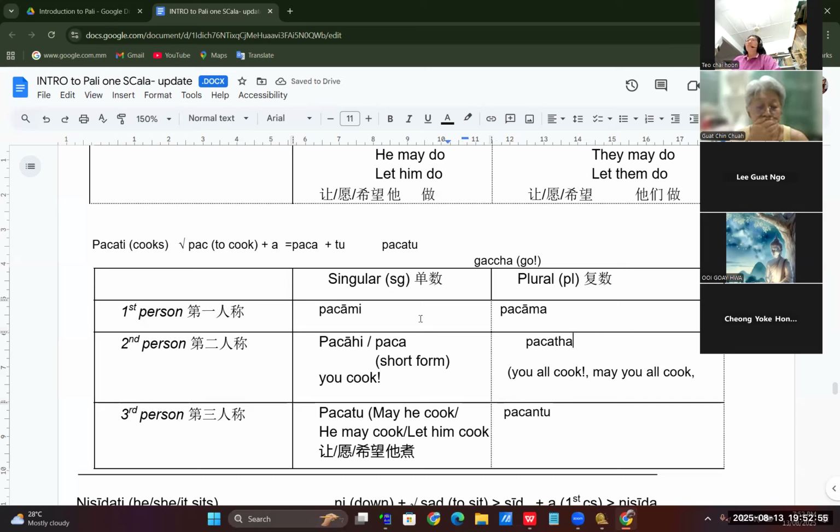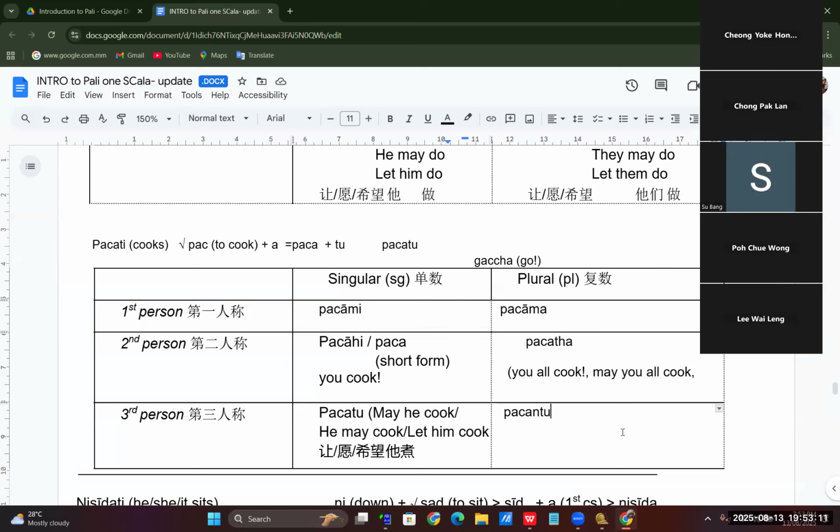So Pachami, Pachama. So may I cook, I may cook, let me cook. Pachama, may we cook, we may cook, let us cook. I think you all know how to write, right? You just repeat the same English as above in the third person. So here will be they: they may cook, may they cook, let them cook.